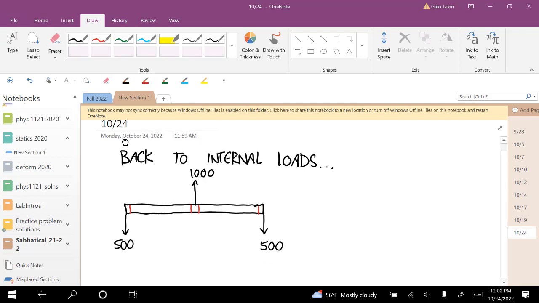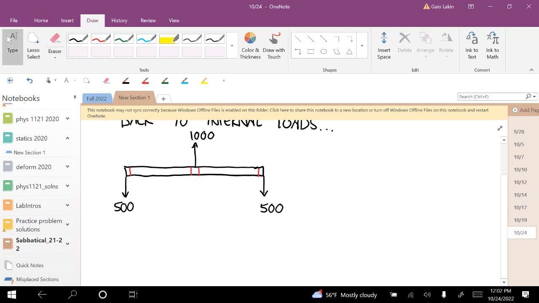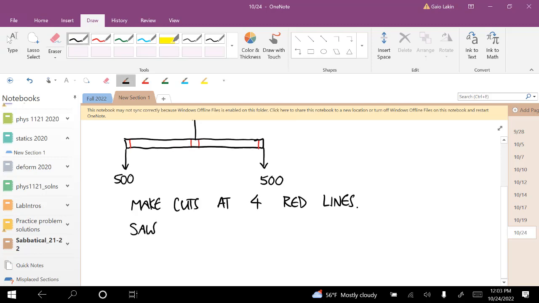And what we saw was that if we make these cuts at the 4 lines, the 4 red lines, we saw that there were 2 pairs of qualitatively similar free body diagrams.